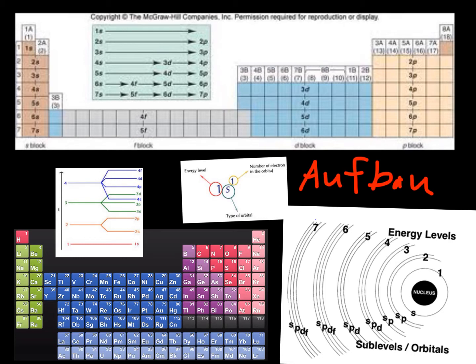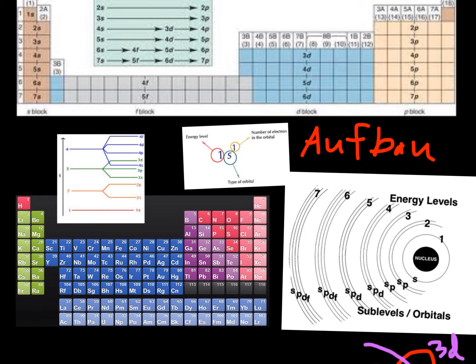There's absolutely no reason for us to print it like this, though, because then each box would be teeny tiny and we couldn't see it. So we do not print it like this. We print it like this. But you do need to understand that this f box belongs here. So because our f box belongs here, we write our electron configurations the same way that they're represented on this periodic table.